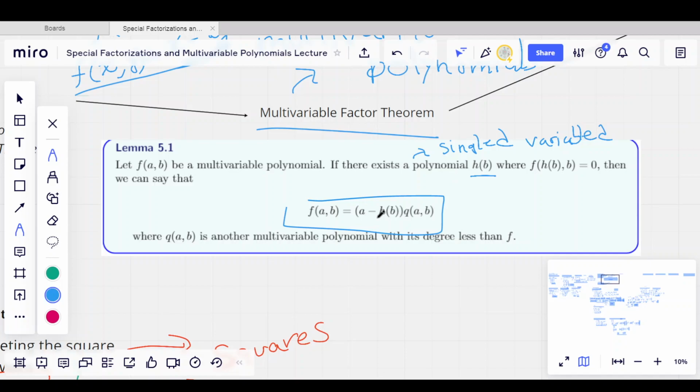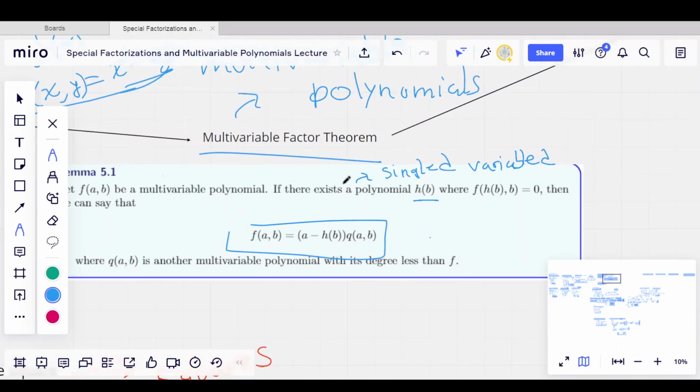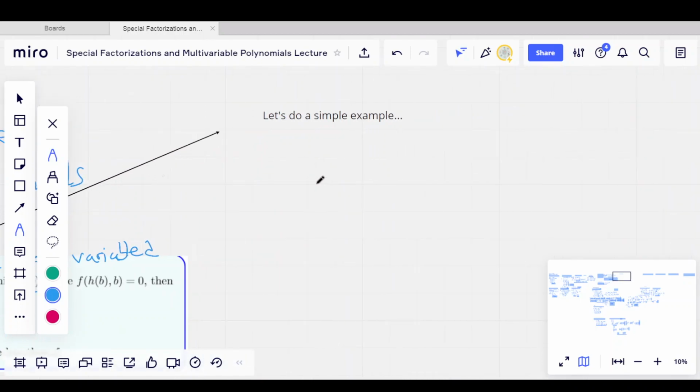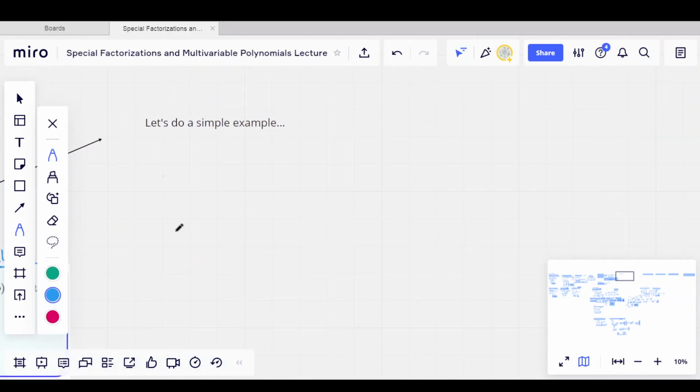So I know this definition might be a little confusing, but I hope that this next example will clear it up for you. It's not as hard as it seems. It's just a little extension of the one variable factor theorem, so like the standard factor theorem. Okay, so let's move on to a quick example if you don't understand what I said.